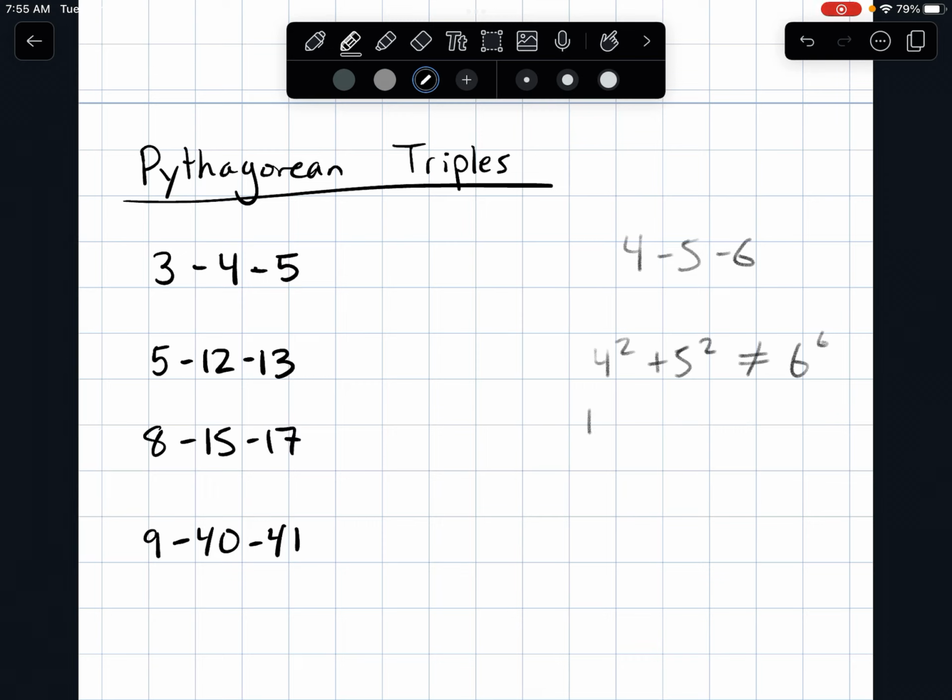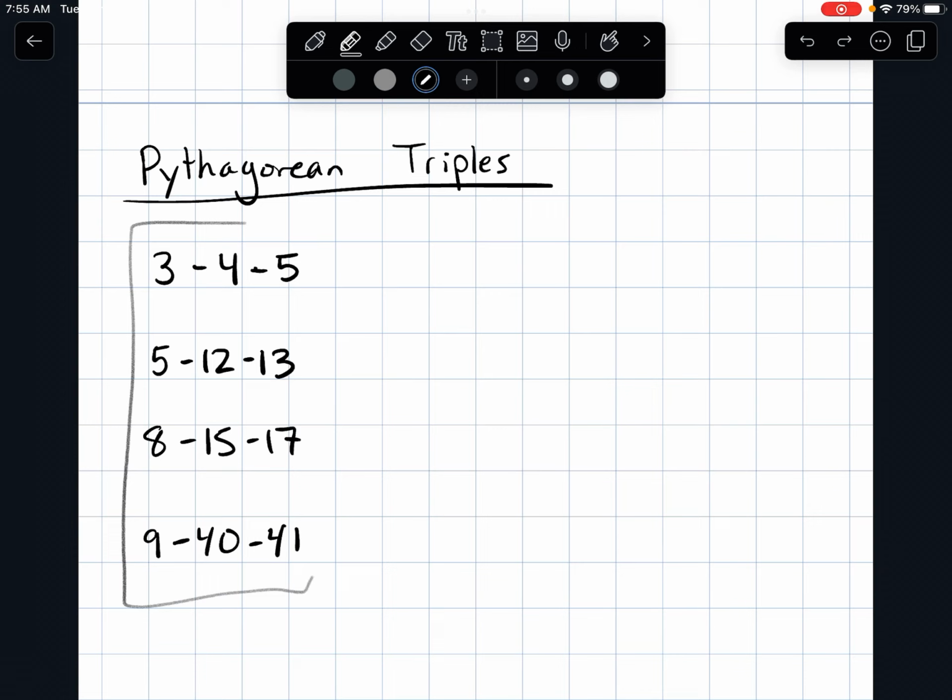This is 16 plus 25, which adds up to 41, and that is not equal to 36. So you can't just pick any 3 numbers and say that's a Pythagorean triple that's going to make a right triangle. There are only specific whole numbers that work out for this.